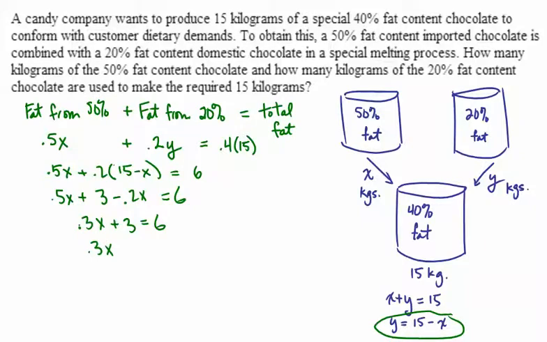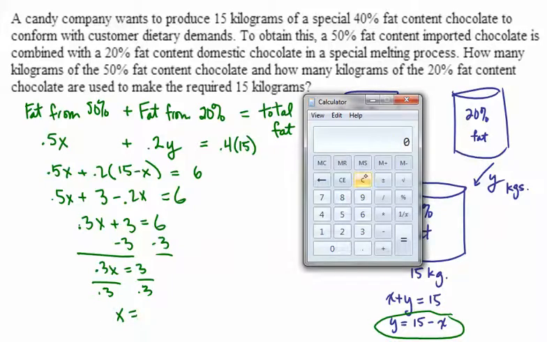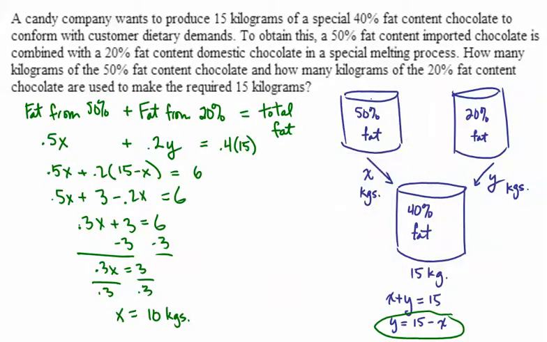We're going to subtract 3 from both sides, and we end up with 0.3X equals 3. Dividing both sides by 0.3, we get that X is equal to 3 divided by 0.3, which is 10. And that's 10 kilograms. Well, what does that refer to?